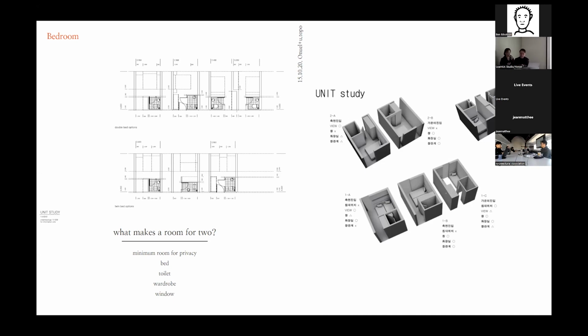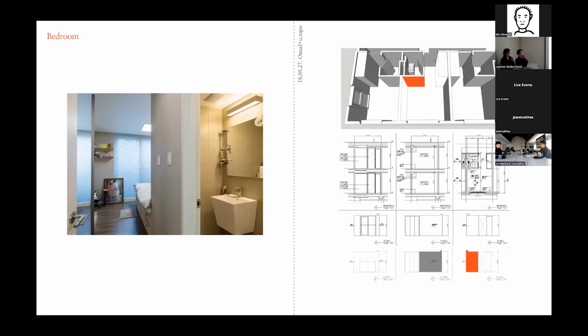So the conclusion was we have a small toilet with a shower and toilet, and a double bedroom size room with a built-in wardrobe and no kitchen inside. So this is the drawing we developed in the detailed stage on the right, and on the left it was one of those bedrooms after construction.